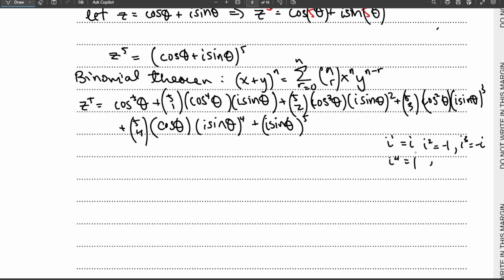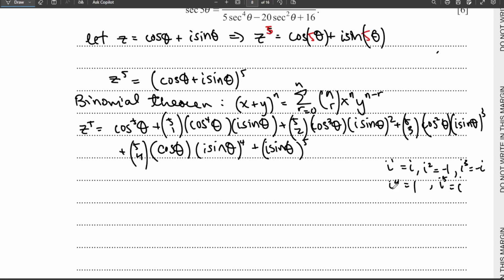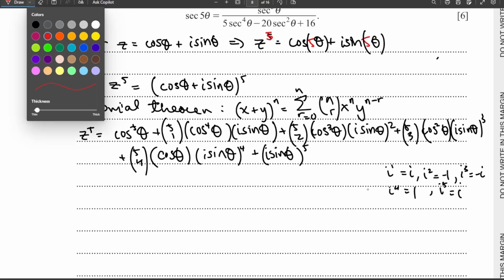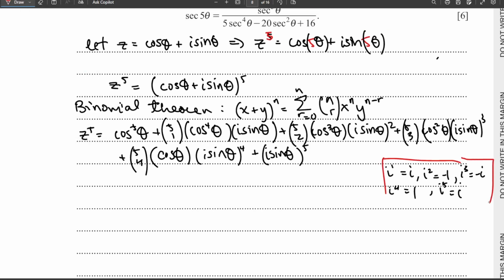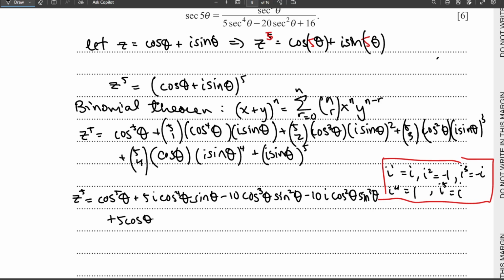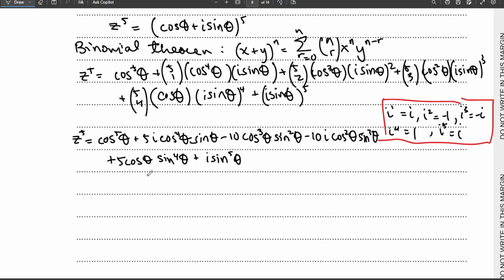And i power 5 is i, the cycle repeats, so it's modulus of 4, or base of 4. So we keep this in mind as we expand all this, the i sine power. Right, this is the complete expansion of the z power 5 using the binomial theorem.